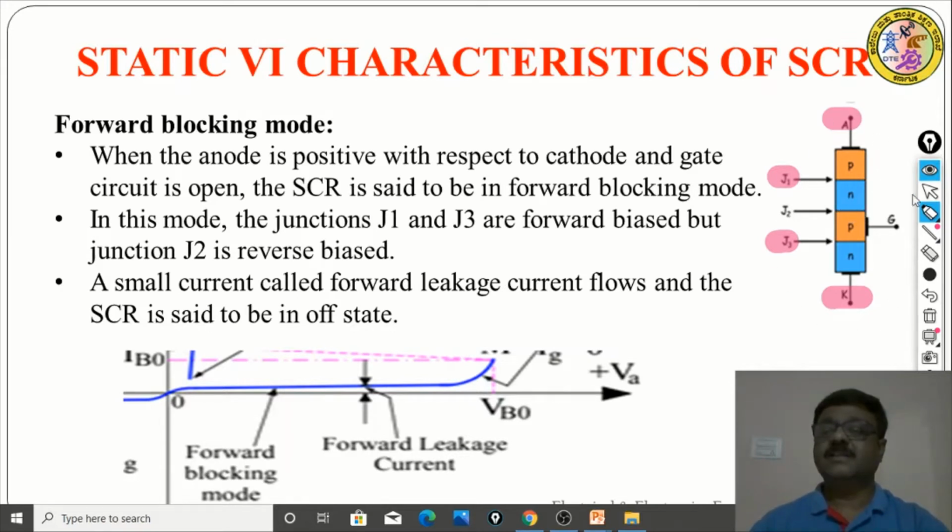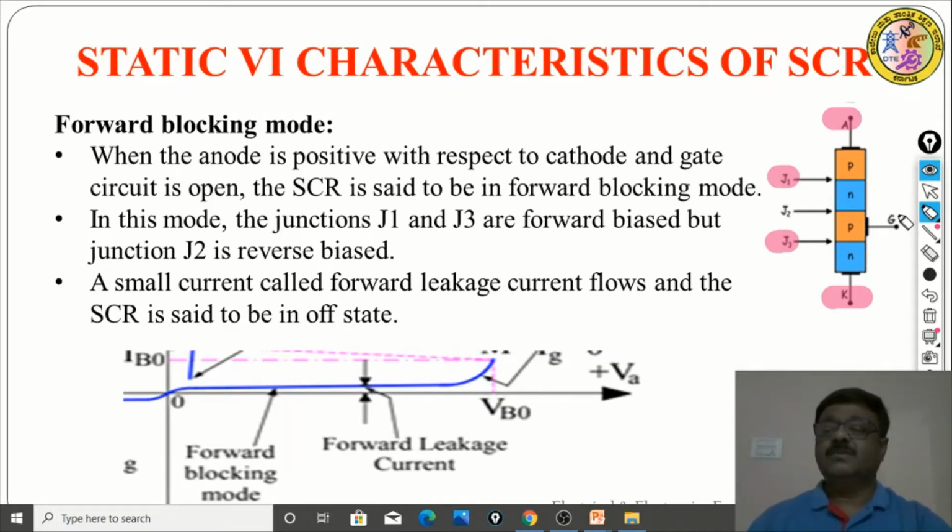You can see this layer diagram here. Once again, when the anode is positive with respect to the cathode, junction J1 is forward biased, junction J3 is also forward biased, whereas junction J2 is reverse biased.